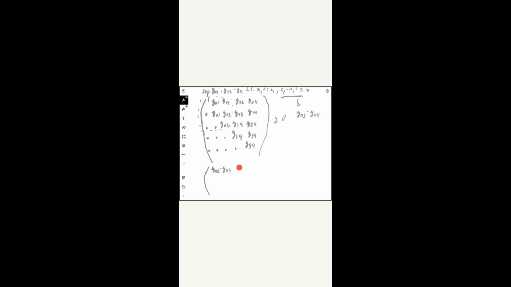For the second one, we should multiply by it. So multiply y01 by y02 minus y04. So just like y01 is like we do just x minus.